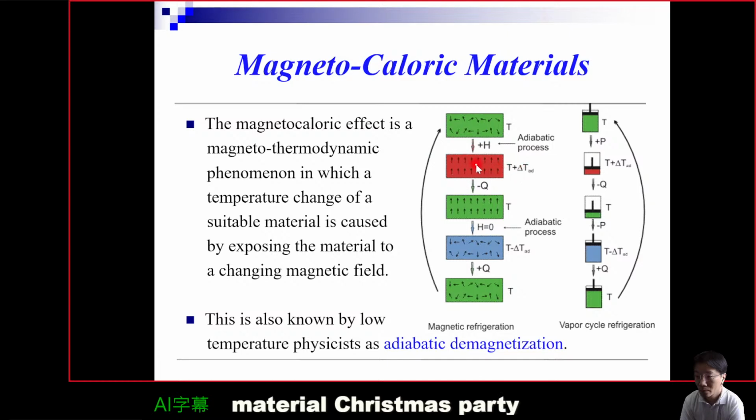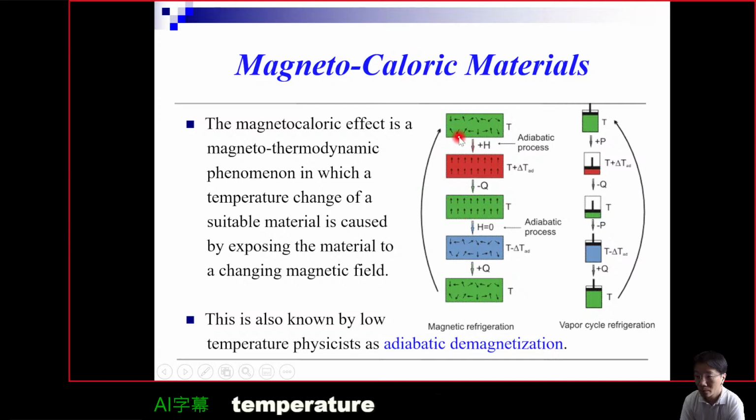And then at this moment, we remove the adiabatic condition. That means we make contact with the environment. For example, you can attach this sample to a chamber. Then its temperature will decrease and go back to the normal temperature at the beginning, right?